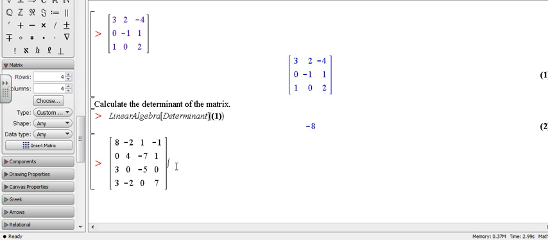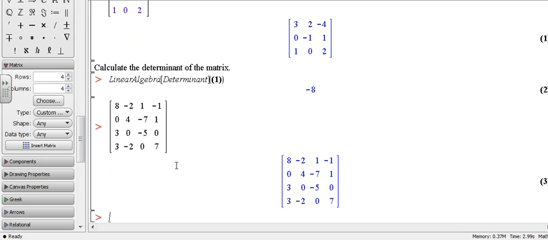Alright, so I've entered the matrix, and now I'm going to ask it to calculate the determinant.